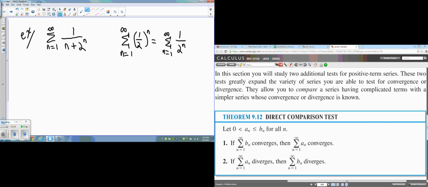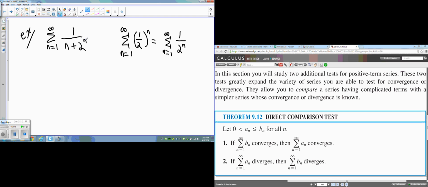So if I can prove that the terms of this series are smaller than the terms of this series, because I know that this one converges, I'll know that this one also converges. Another choice would have been the harmonic series, 1 over n, and we know that 1 over n diverges.